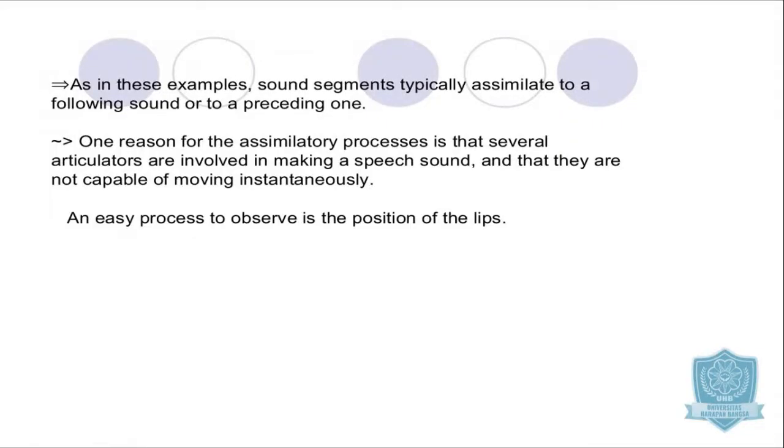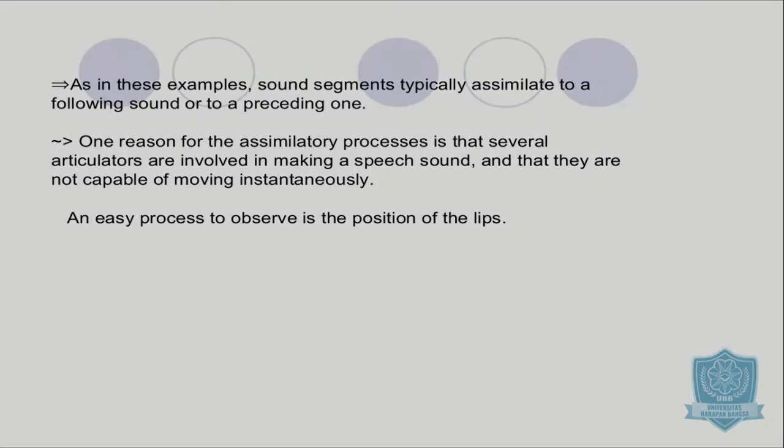So basically, sound segments typically assimilate to a following sound or to a preceding one. It depends. One reason for assimilatory processes is that several articulators are involved in making a speech sound, and they are not capable of moving instantaneously. An easy process to observe is the position of the lips.